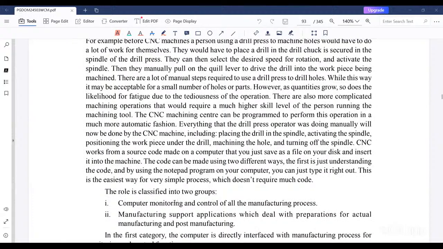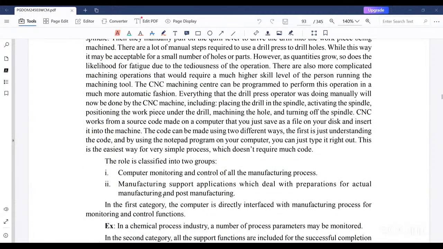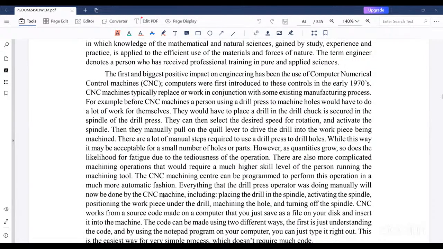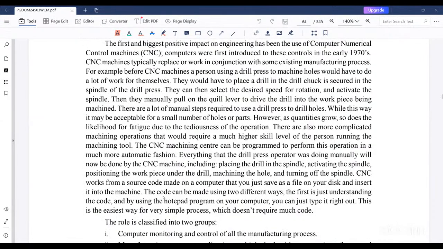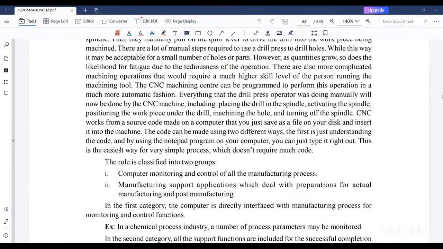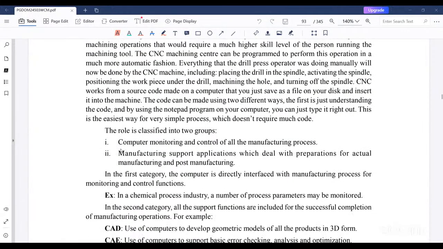The role is classified into two groups. CNC, computer numerical control machines, were introduced earlier, and with these, for example, one would have to place a drill in the drill chuck, secured in the spindle. Here they are classified into two groups.